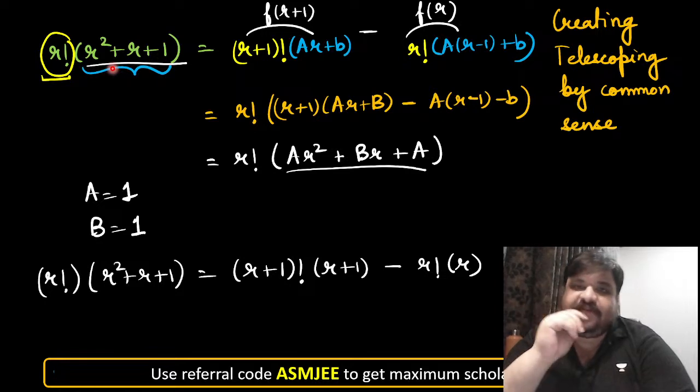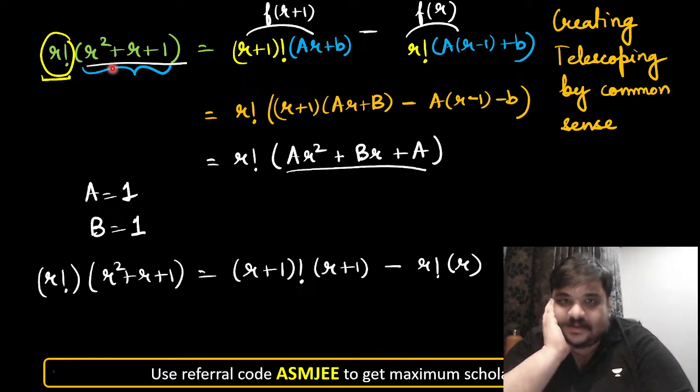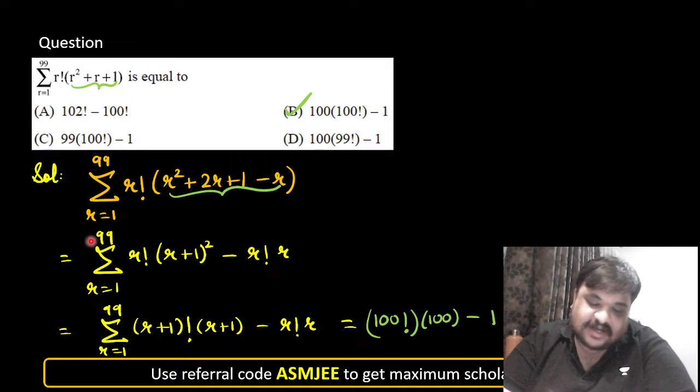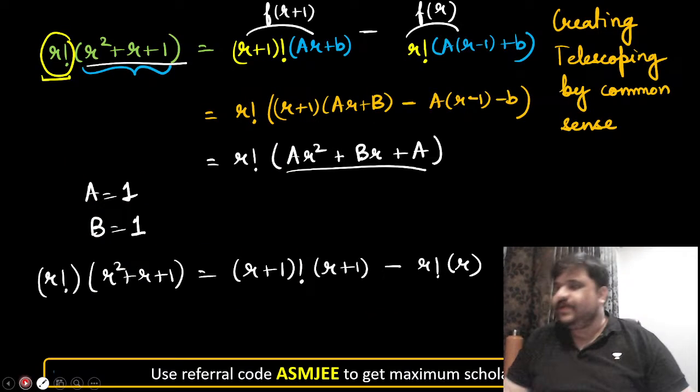This is a very good method when you don't know how to split. Here, if you thought that you will add r and subtract r, then that was very easy. But it won't be easy usually, right?